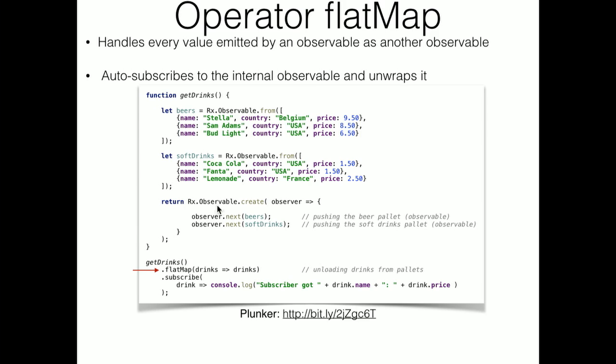So what I say, return observable create. And I'm saying, give to the observer, one time I call next, I am pushing the data. In this case, I am pushing beers. And then I'm pushing soft drinks. To whom? To the observer. Whenever somebody will subscribe to my observable stream, they will give me an observer.